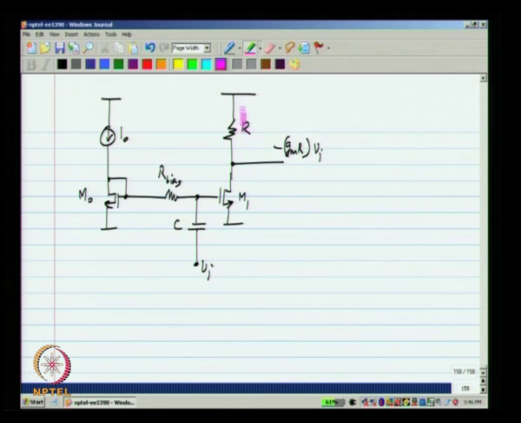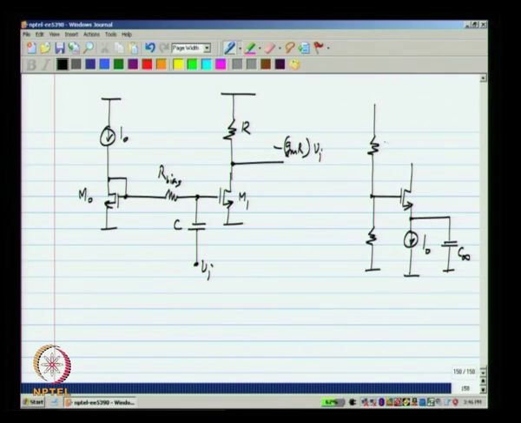And there are other ways of biasing the transistor at a constant current. Again, these you know from your basic circuits courses. Let us say you connect a constant current source at the source of the MOS transistor and bypass it with a large capacitor for high frequencies. You bias the gate with a resistive divider and apply your input.